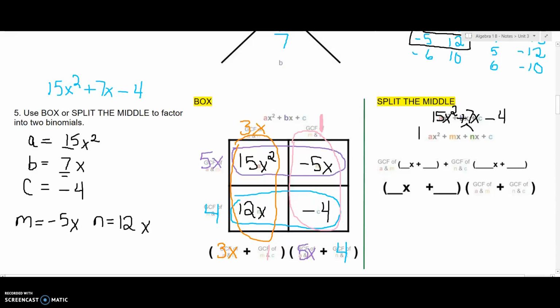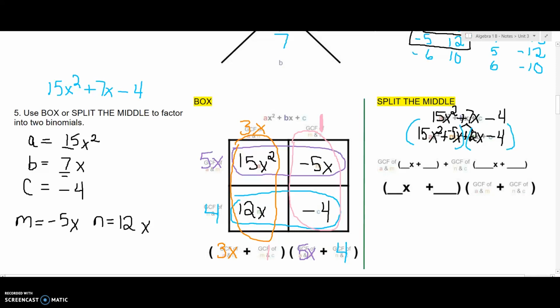So I'm going to rewrite 15x squared plus negative 5x plus 12x minus 4. And I'm going to group these. So I'm going to group them so I have the first two terms together and the second two terms together.